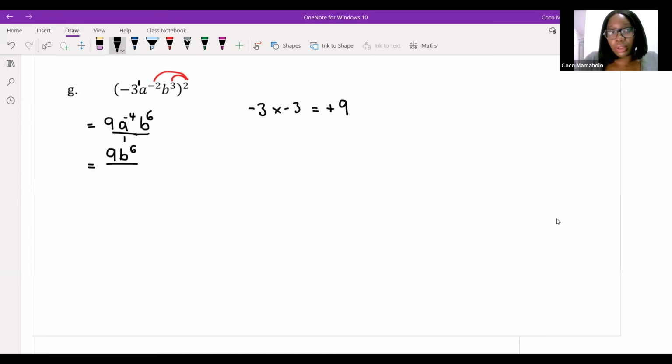A to the negative 4. Good. And then it becomes a to the power of positive 4. That 1 doesn't matter because anything multiplied by 1 is that thing. 2 times 1 is just 2. So a to the power 4 multiplied by 1 will just give me a to the power 4.